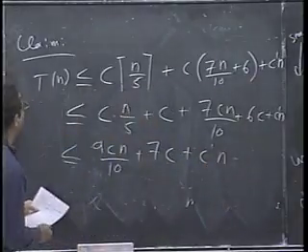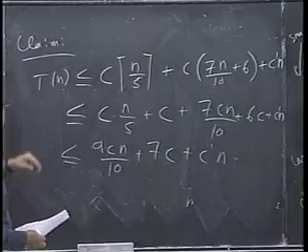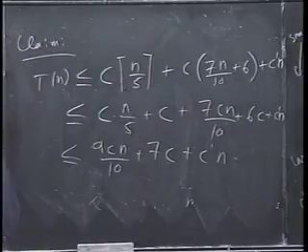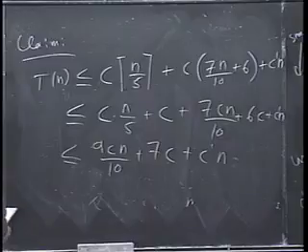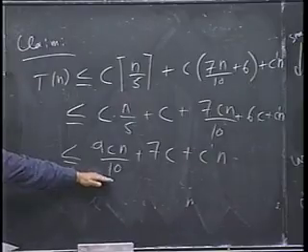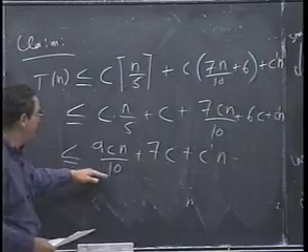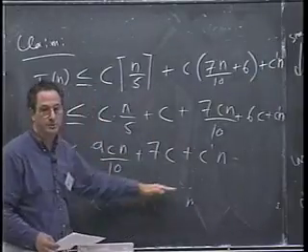Now, we're trying to show this claim by substitution. I just substituted c times n for T of n, and we got this business. I'm not done until I show that this is less than or equal to c times n.